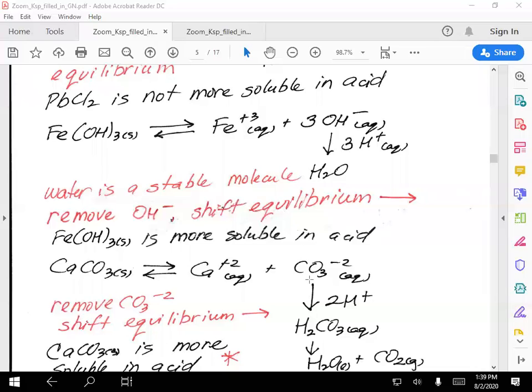So you're definitely removing the carbonate because the carbonate makes the carbonic acid. The carbonic acid spontaneously decomposes. Again, you're shifting towards products, which means that your salt is more soluble. So it's more soluble in acid. So those are 3 general examples.